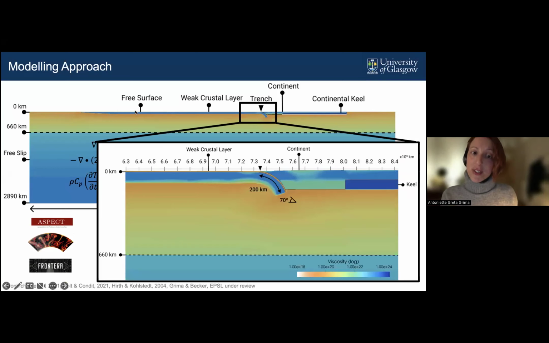We also have a free surface, and we start off with a slab that's 200 kilometers long and steeply dipping at 70 degrees. And we include heterogeneity in our models by implementing a continental keel some distance away from the edge of the continent.